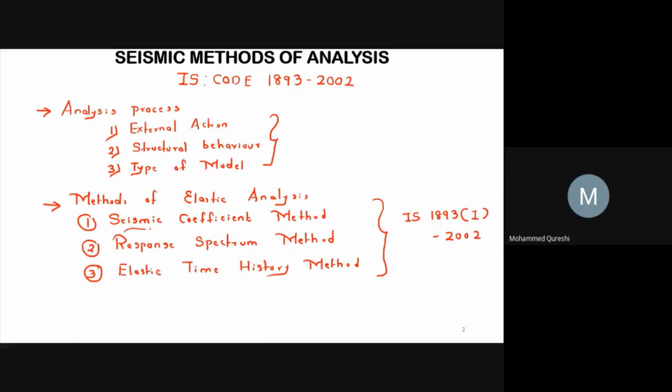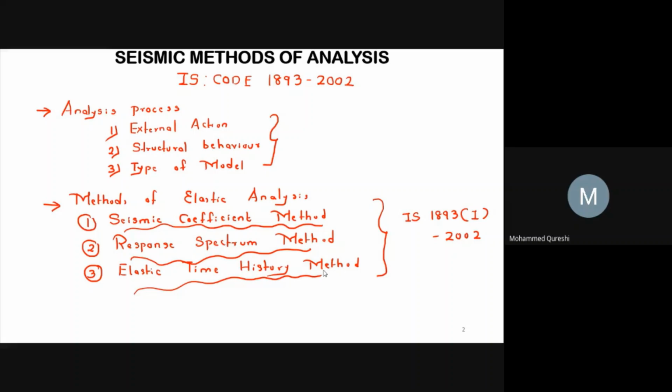Generally, the seismic coefficient method is used for regular structures with limited height, and the response spectrum method and elastic time history method are under the category of linear dynamic analysis.